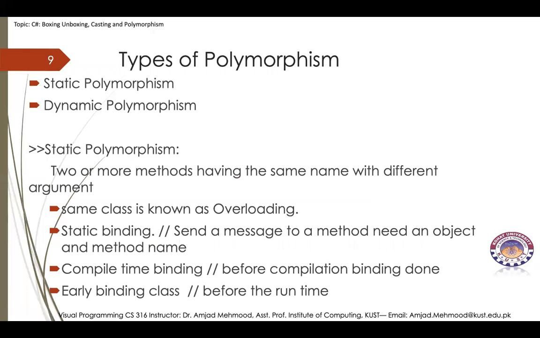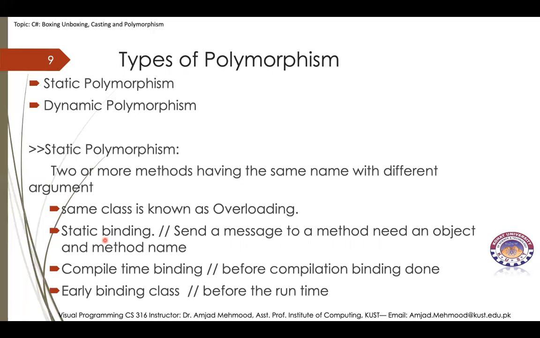Static binding, as you know, is when you have an object and you want to call a method of that class, so you bind your object with a method. This is called binding. Static binding means that you bind before compile time.